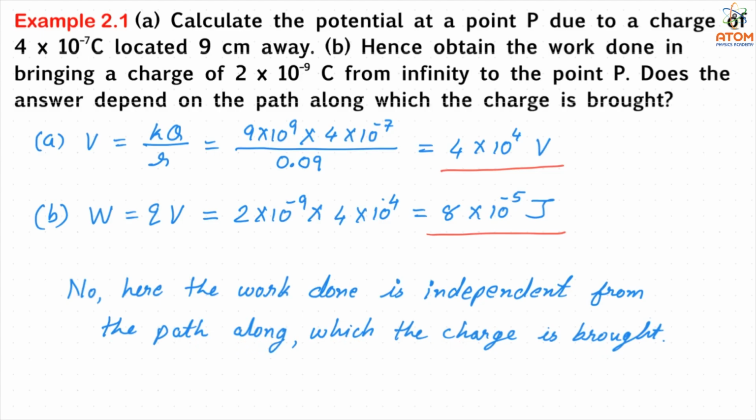The reason is simple. In this work equation, we have potential V, and this potential V depends on the distance r but not on the path from which you are bringing it. So that's why this work is independent of the path from which we are bringing this charge.